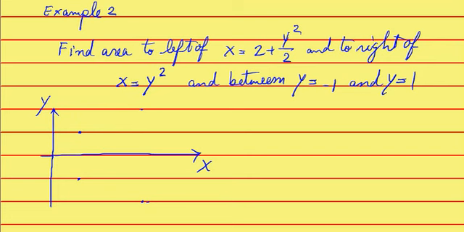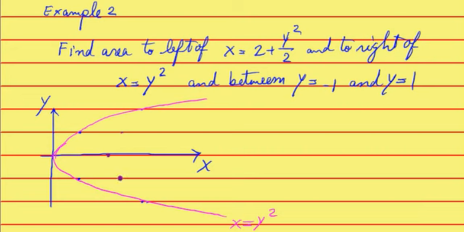So here is the picture of this: x is equal to y squared. How about x is equal to 2 plus y squared over 2? Well, perhaps here's 1, 2. When y is 0, x is 2, and when y is 1 or minus 1, this is going to be 2.5.